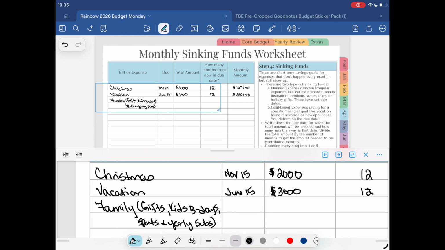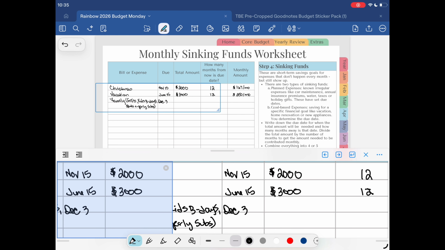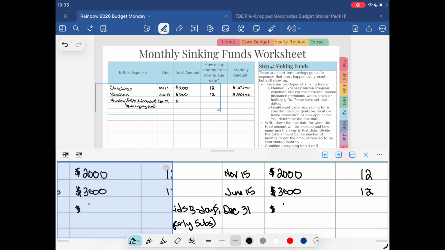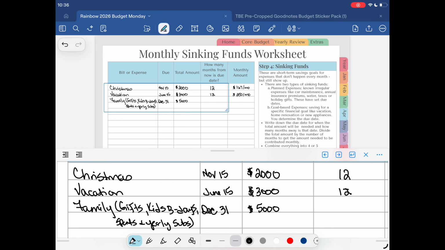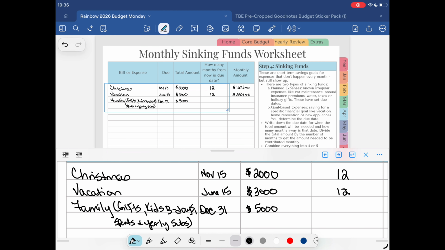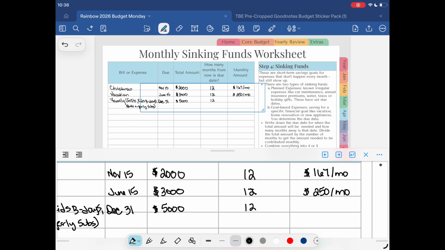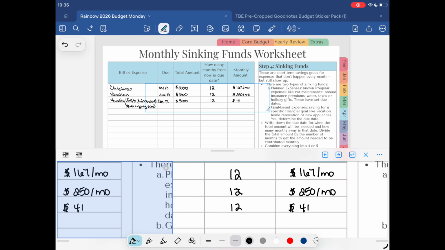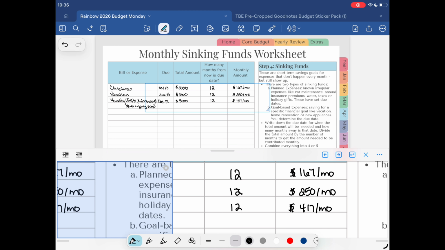So this, I like to just do it all year long. So we're going to say this is due by December 31st. The goal is $5,000. And divided that by 12 months and it's $417 per month.